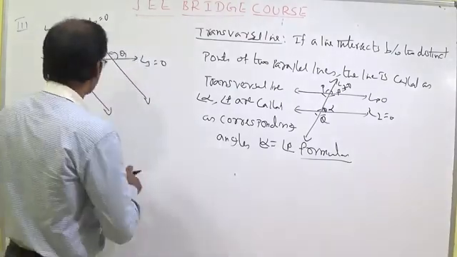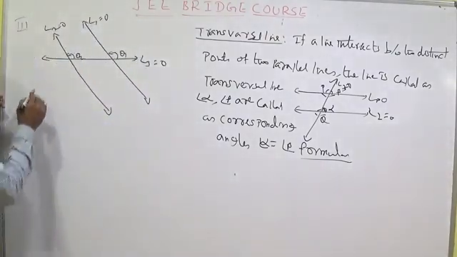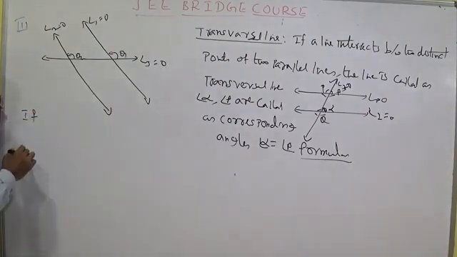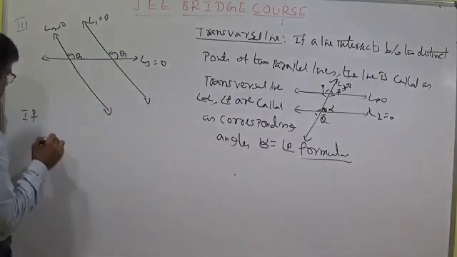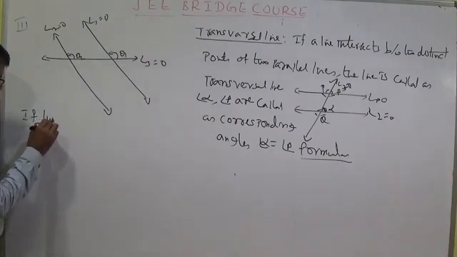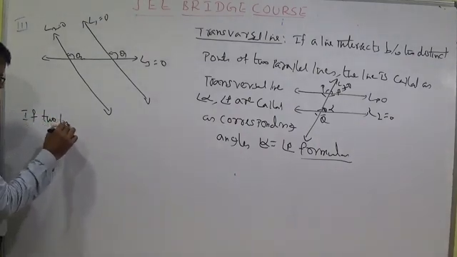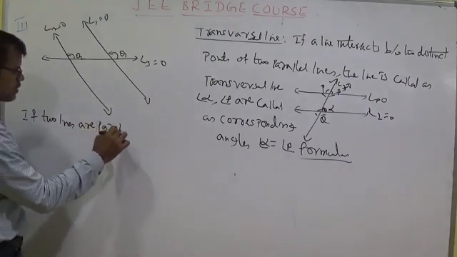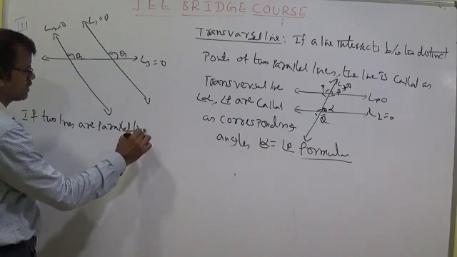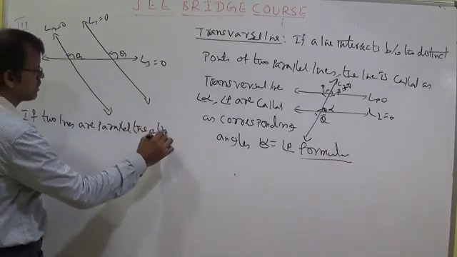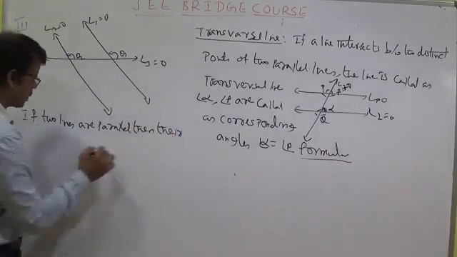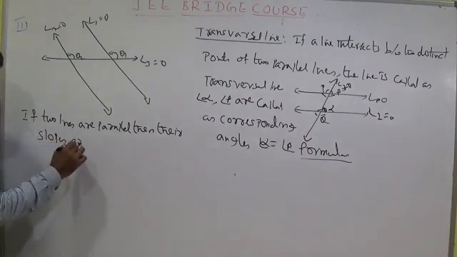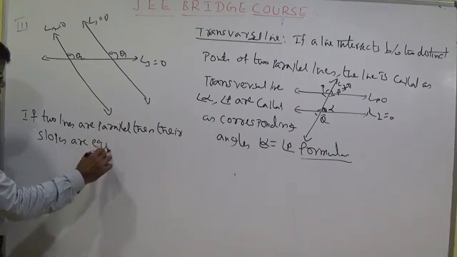Okay, now depending upon this diagram, I want to discuss a matter: if two lines are parallel, then their slopes are equal.